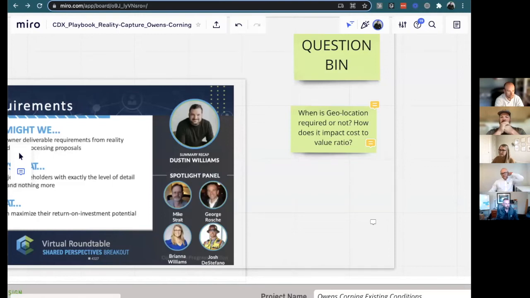And 90% of the time, we're scanning an existing facility. And again, the geo doesn't really add anything to us. We do see some value when we're talking about a greenfield and we're going to build a new facility. Yeah, geo coordinates make sense for anybody outside the building.